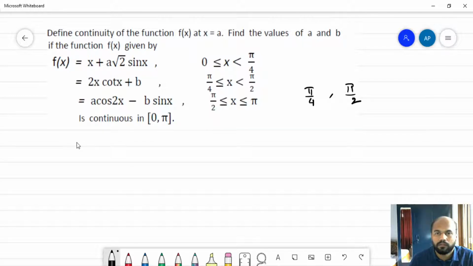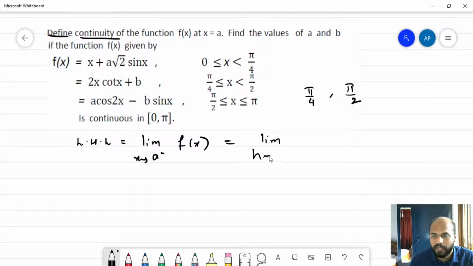So the first part of the question, that is define continuity of the function at x equals a. All that we have to write is, whenever we consider LHL, that is limit x tending to a minus f(x), it would be limit h tending to 0 f(a - h). This is what we get.